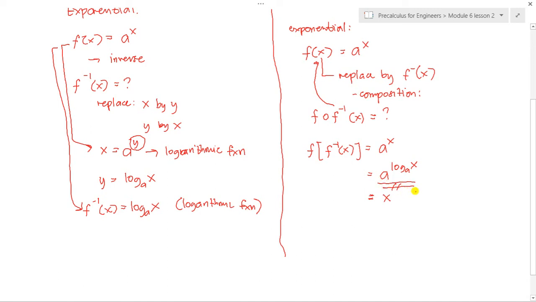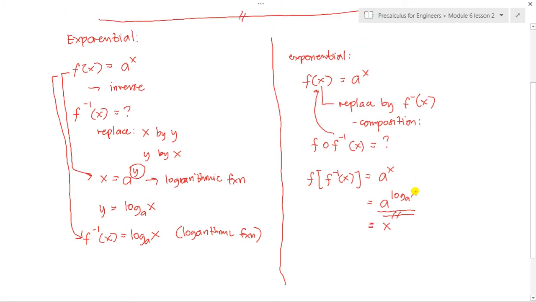Okay. Now, to prove that they are inverses, it must be that f composed with f negative 1 of x must also be equal to f negative 1 composed with f of x. So here, we are done with f composed with f negative 1.